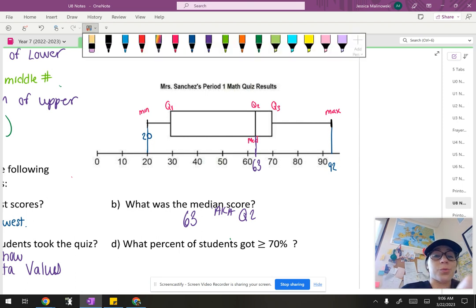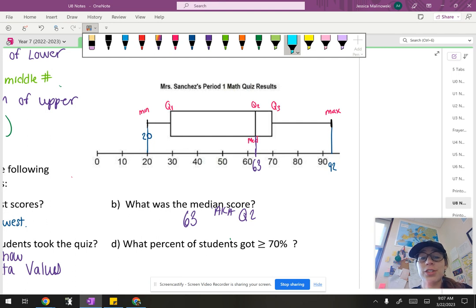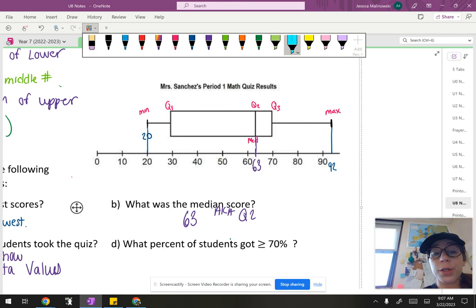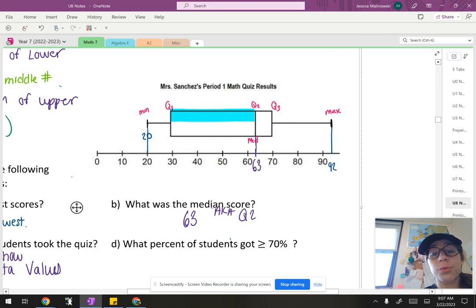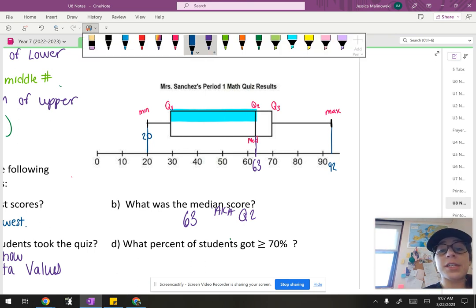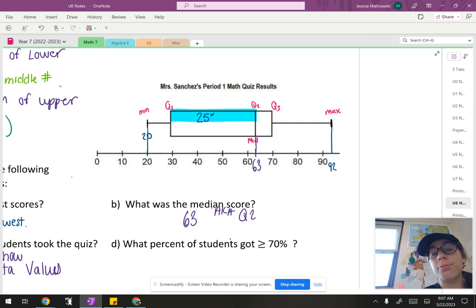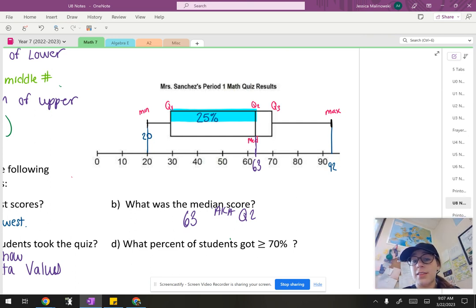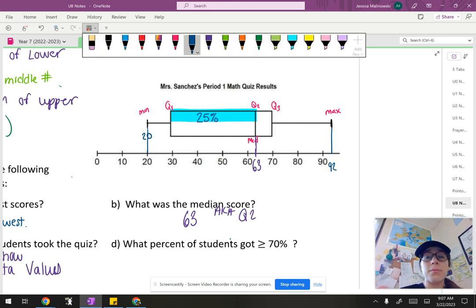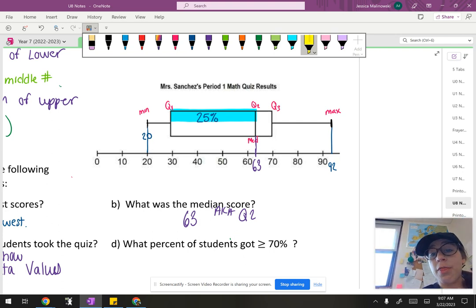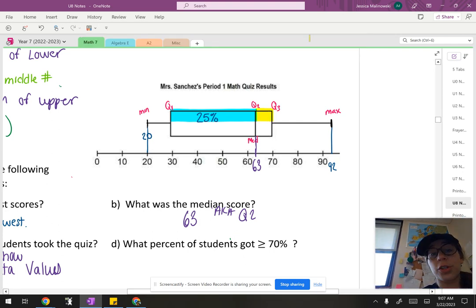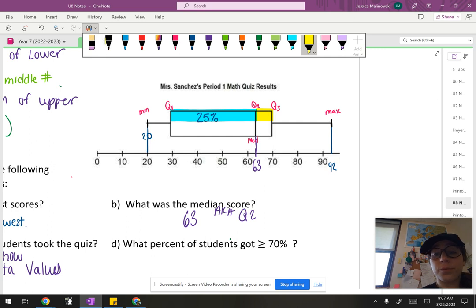It's really important that you understand this: even though each of these chunks are not all equal in size, they are equal in their percentages. From Q1 to Q2, this is still 25% of the data. That still has the same number of data values that Q2 to Q3 has.